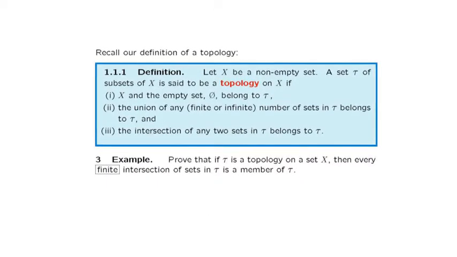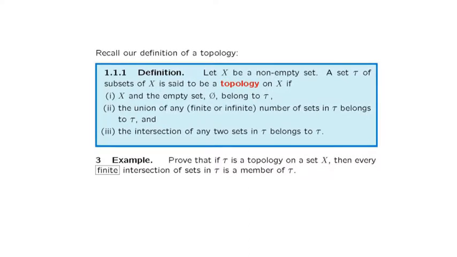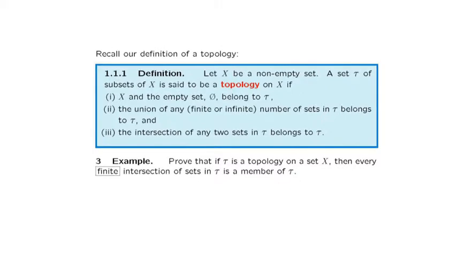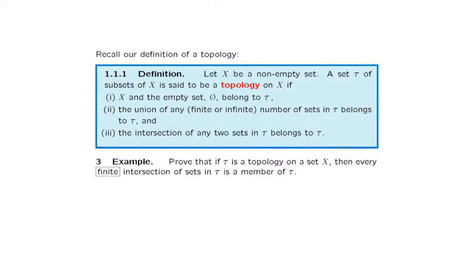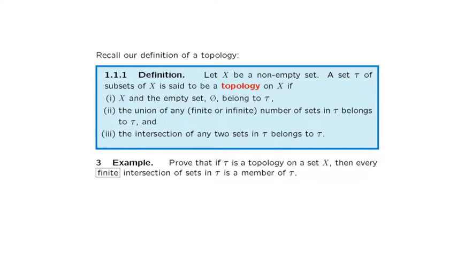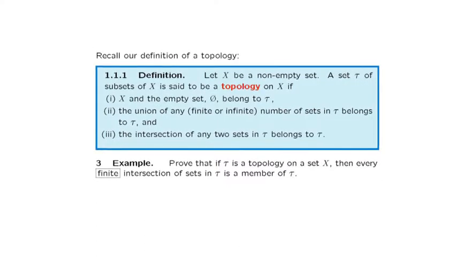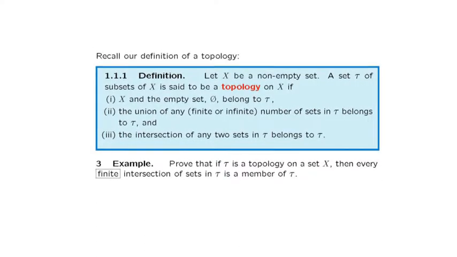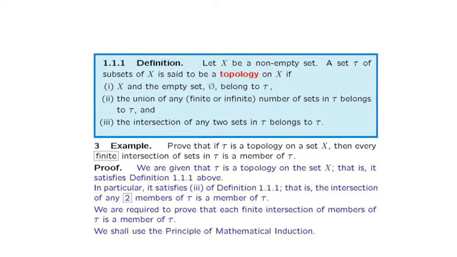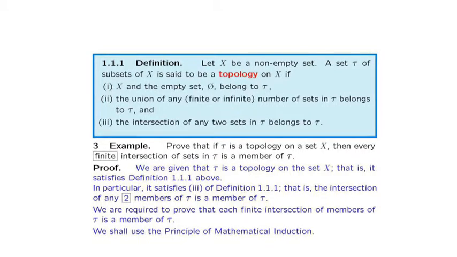So we need to prove that a finite intersection of sets is a member of tau using the fact that we are given that the intersection of any two sets in tau belongs to tau. We begin our proof as we begin all proofs.